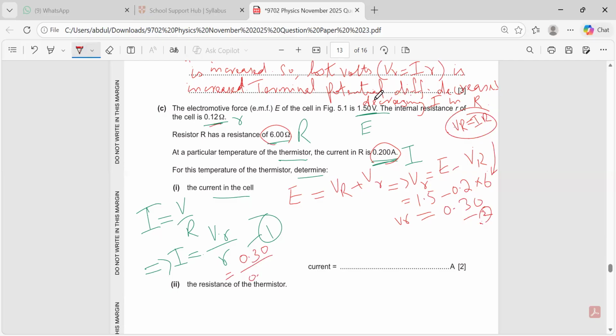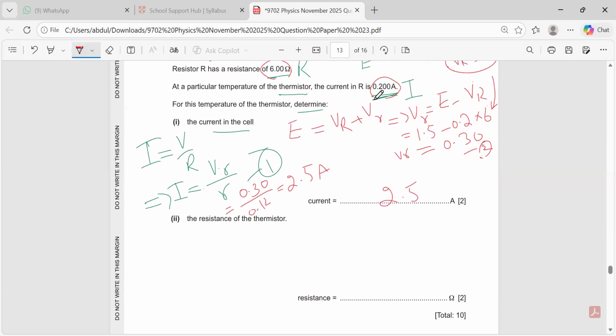So 0.30 over 0.12, on simplification, will be equal to 2.5 amperes. So it's just the basic equation for the circuit containing a battery with internal resistance: the EMF of the battery is equal to the voltage or terminal potential difference across the external resistance plus the voltage lost across the internal resistance r. Internal, and this is external resistance.